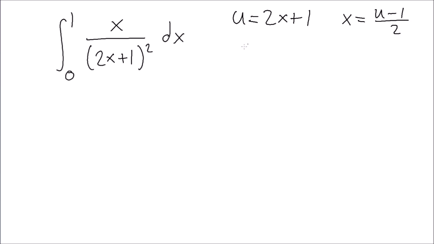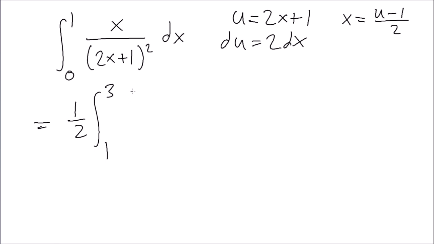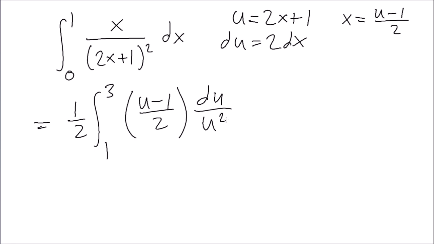And then, of course, du is just 2 dx. So we'll have to have a half. And then for the bounds, if we plug in 0, we get 1. Plug in 1, we get 3. Okay. x is equal to (u minus 1) over 2. And then we have du over u squared.